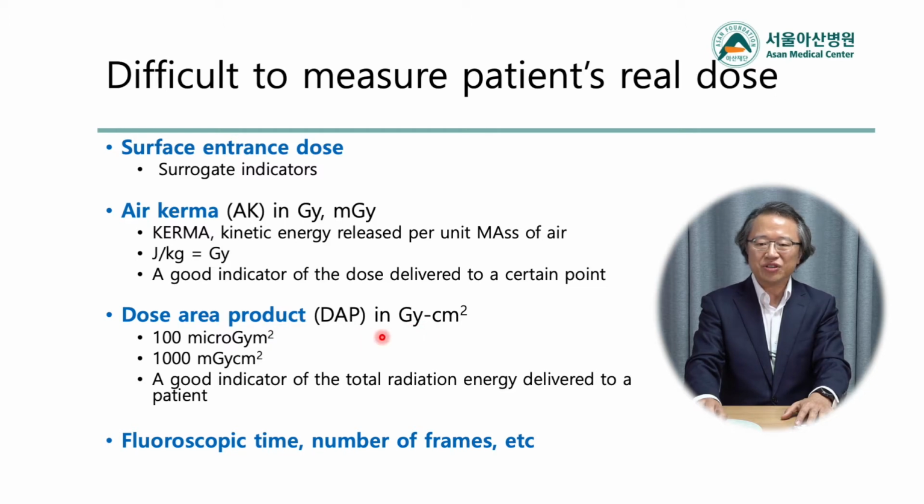Its SI unit is gray square centimeters, and it is a good indicator of the total radiation energy delivered to a patient. Please be aware that the unit of Siemens machines is microgray square meter, and for Philips, milligray square centimeters.